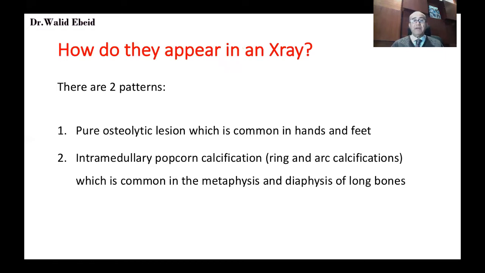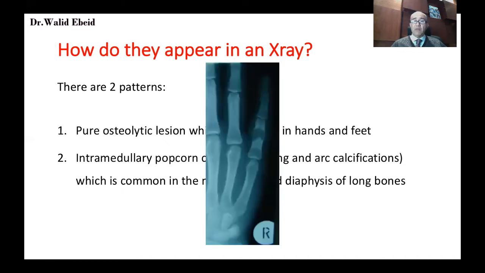How do they appear on X-ray? Actually, there are two patterns. Either they appear as a purely osteolytic lesion, which is common in the hands and feet, or they appear as intramedullary popcorn calcifications, in the form of rings or arcs. And this is common in the metaphyses and diaphyses of long bones.